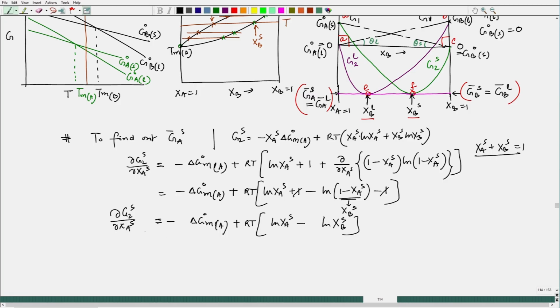So now if I multiply with XBS, so then it will be XBS, this is XBS, this is XBS. Okay.